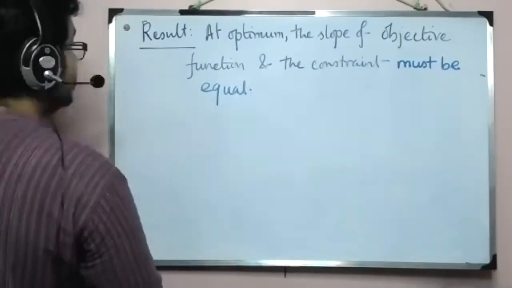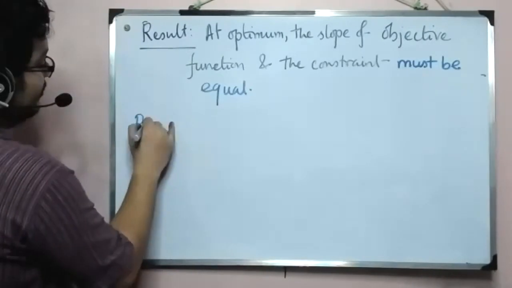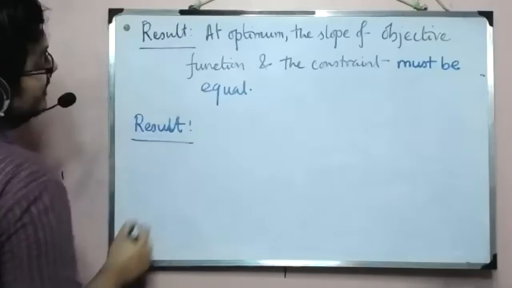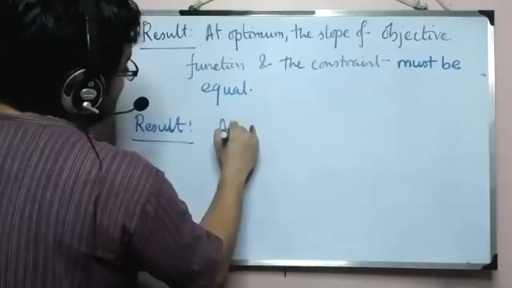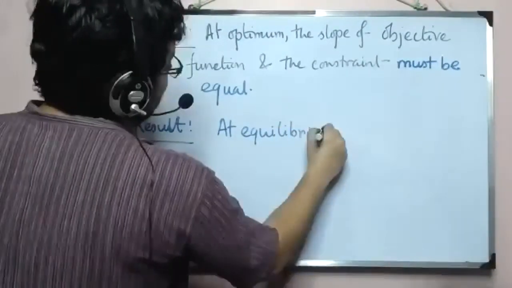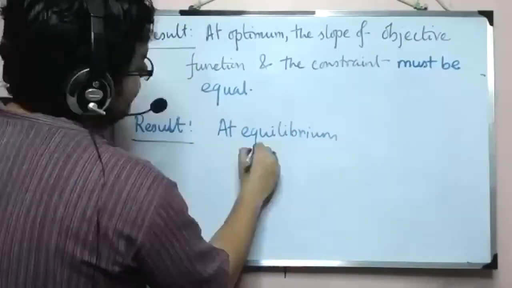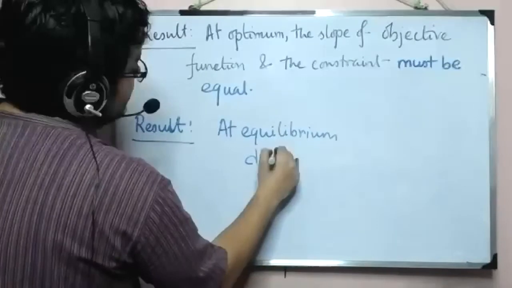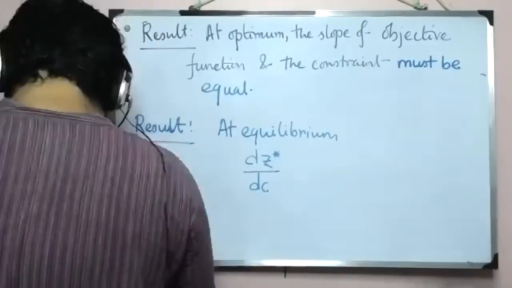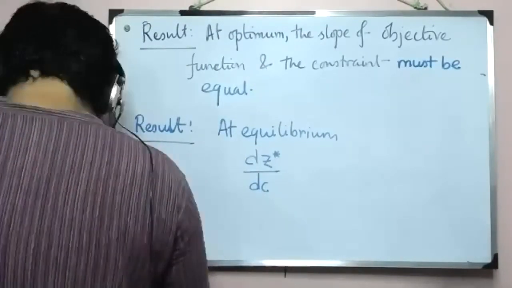So what is the result? To put it simply, the result is this. At equilibrium, d script L star over dc, or shall I write d lambda star?